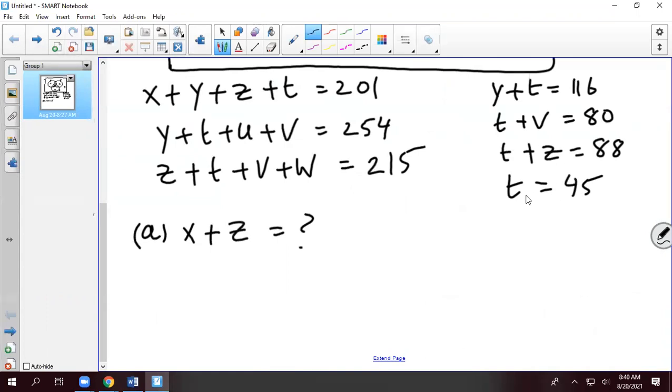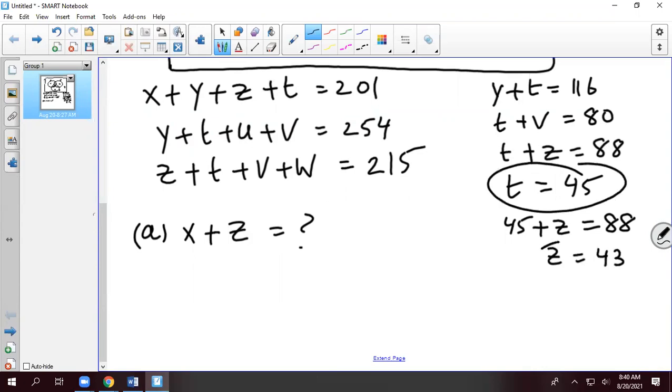So let's work from here. T is 45, so 45 plus Z is equal to 88 from this equation, and that gives us Z is equal to 43. Okay. I also need X, and to find X I'll have to find some things first.